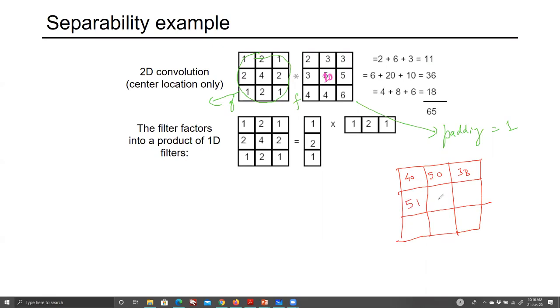The rest we are calculating. First value I got 30.